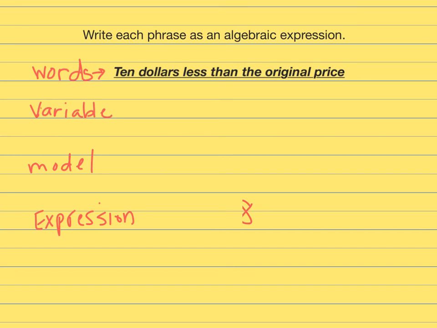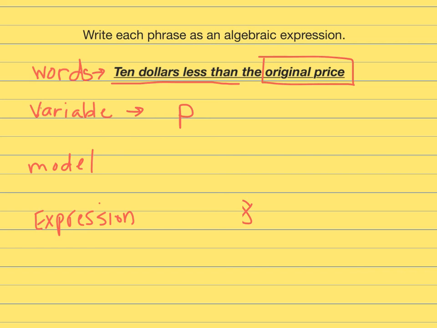Another example phrase says $10 less than the original price. So again, our words for the phrase are $10 less than the original price. Let's create the variable P to represent the original price because it's the unknown. Now, if I look for my key word phrase, it is $10 less than.